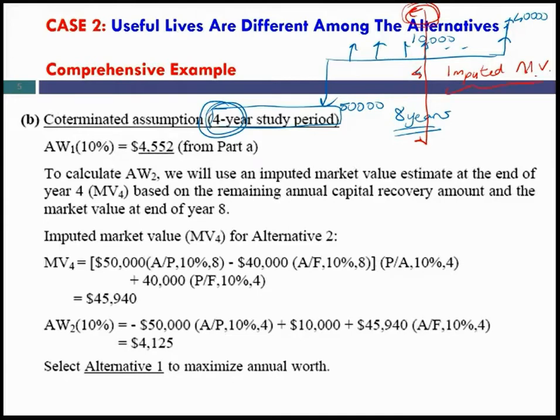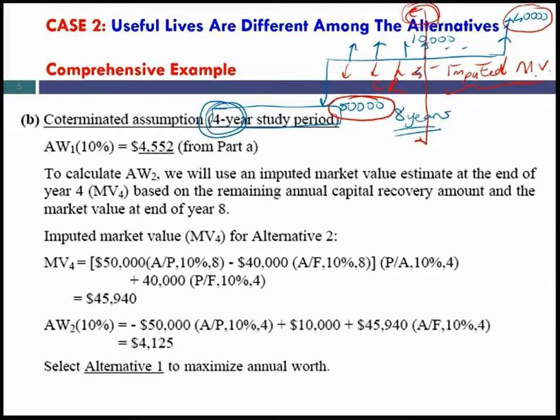According to this imputed market value, we first find the capital recovery for each year, and the capital recovery is related to this initial investment and final salvage value or market value. So we find the initial capital recovery. It will be a cost for each year, something like this, capital recovery.